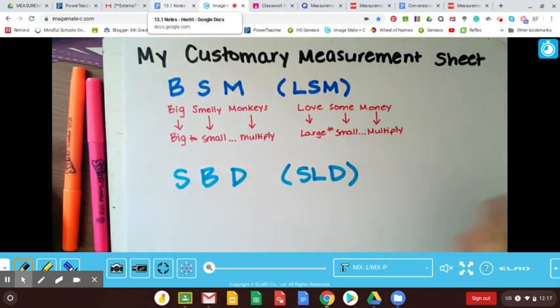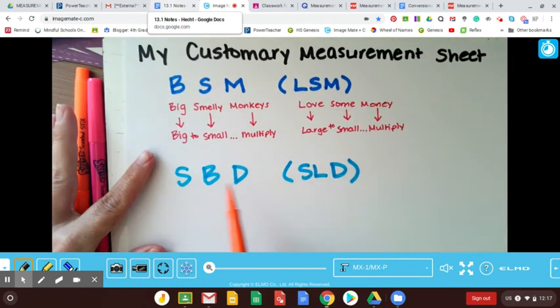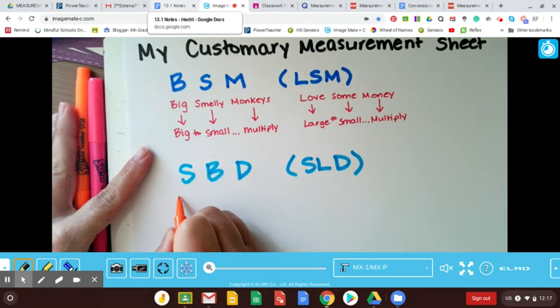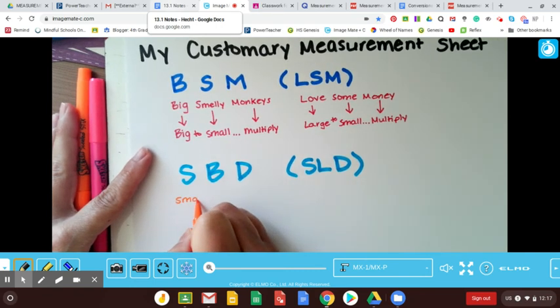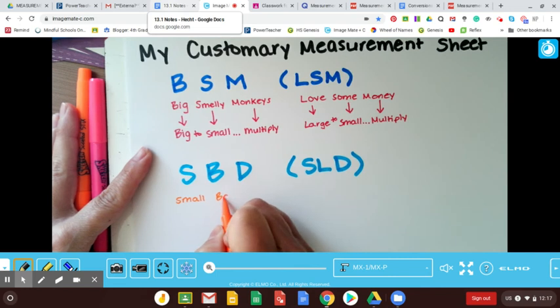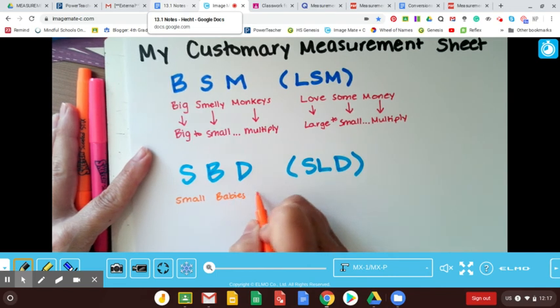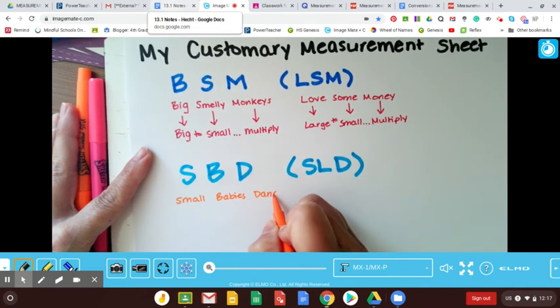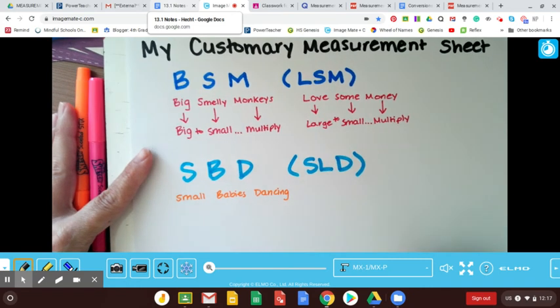So if we're doing small to big divide, one way to remember that is to picture in your head small babies dancing. Just picture it, right? Small babies dancing.